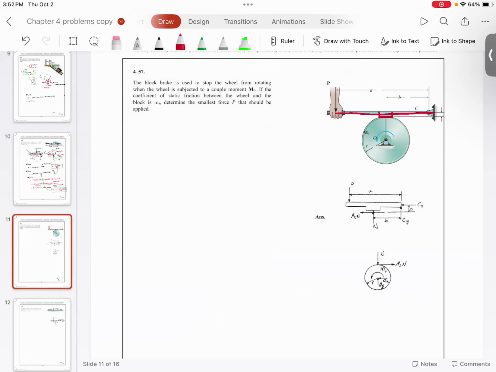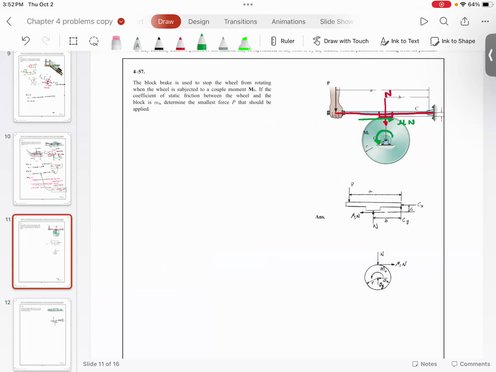And what happens is when this brake is applied, this gives a normal reaction N. When you have a normal reaction, please notice the drum is trying to rotate in this direction. So the frictional force will be in this direction, which is mu times N.